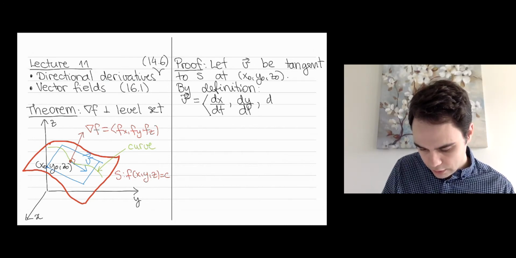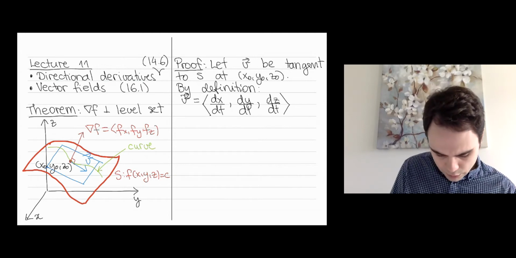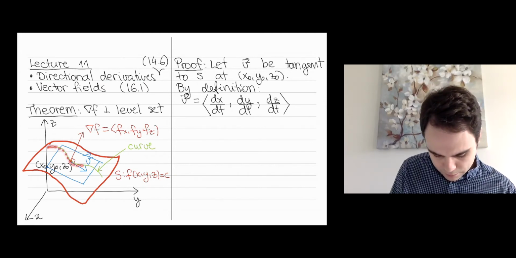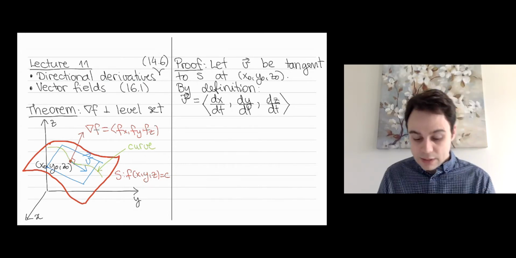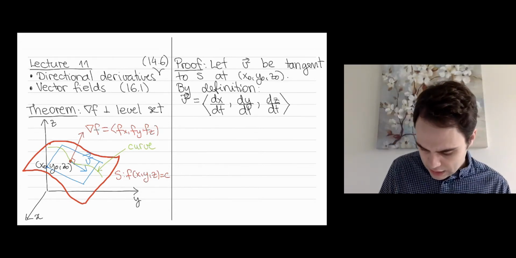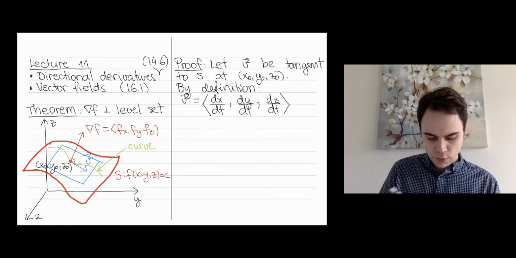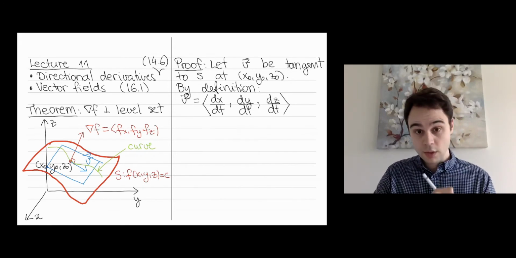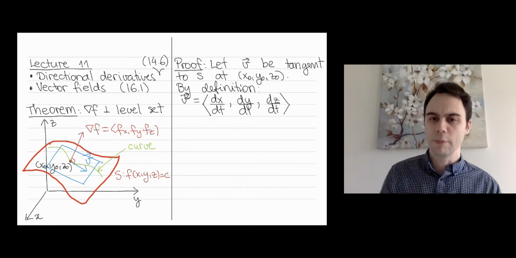So the curve will be described in terms of, it is really a sequence of points, right? A bunch of points. They all have x, y, and z coordinates, and I'll express these coordinates. So the sequence of points depends on the parameter.